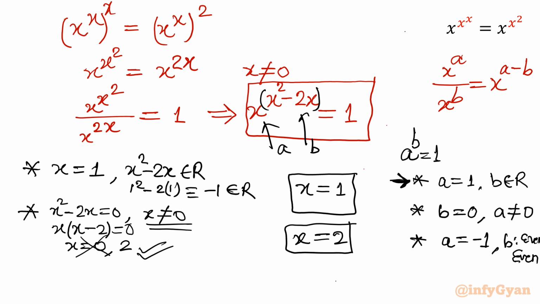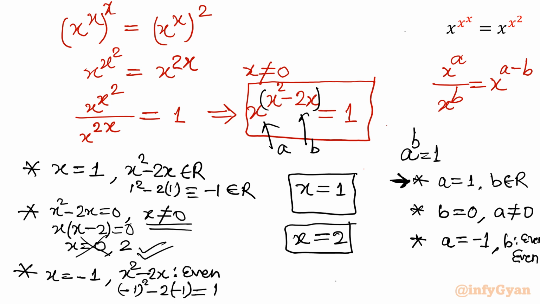Now third case. Third case is x is equal to minus 1, when x square minus 2x should be even. This value should be even. Let's check: minus 1 whole square minus 2 times minus 1. If you check, this value is 1 plus 2, which is 3, and it is not even.